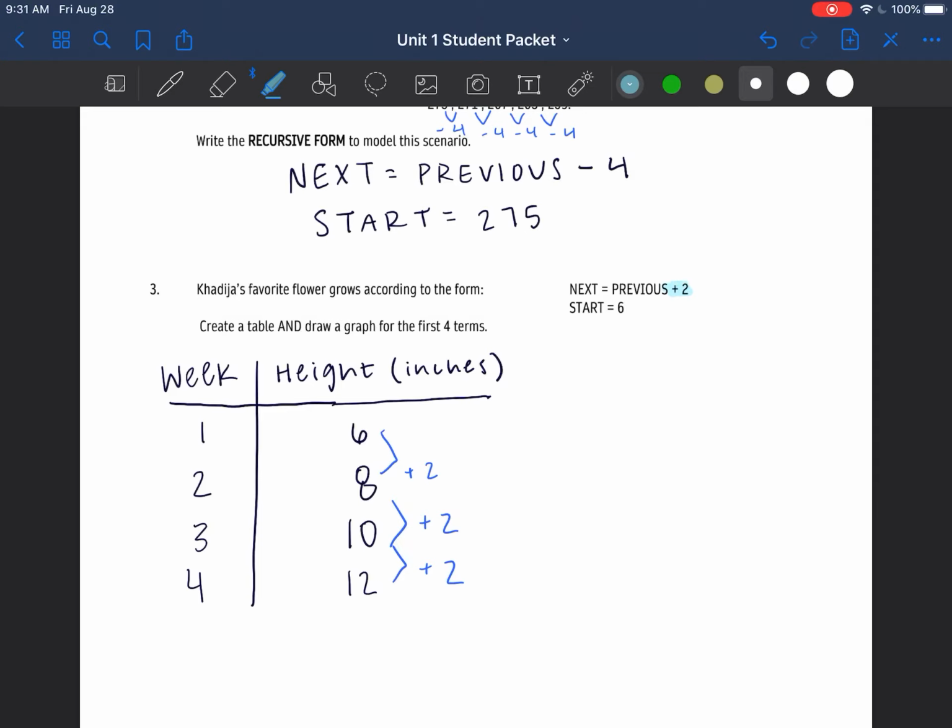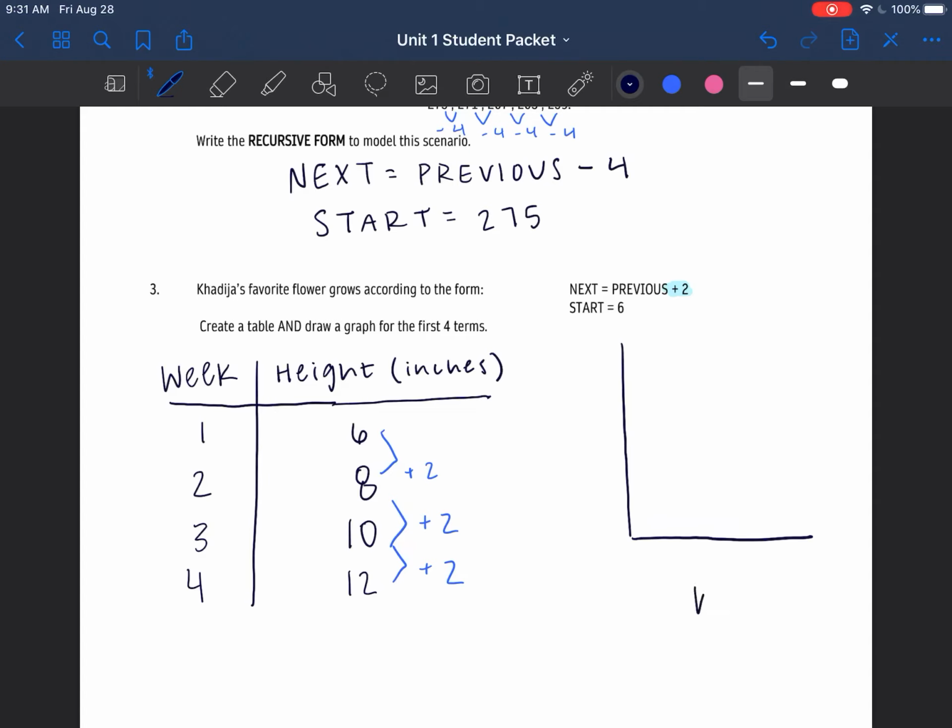Then we want to draw a graph. So for this graph, again, I'm not going to use graph paper. If you have graph paper, you're welcome to. I can see all my numbers are positive, so I really only need that first quadrant, the positive part of my graph. So I'm going to set up my x and y axis, but just include the positive part. So there's my positive x-axis right here, positive y-axis.